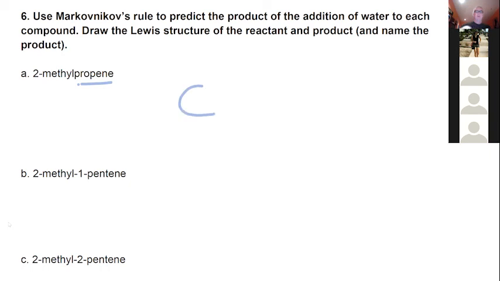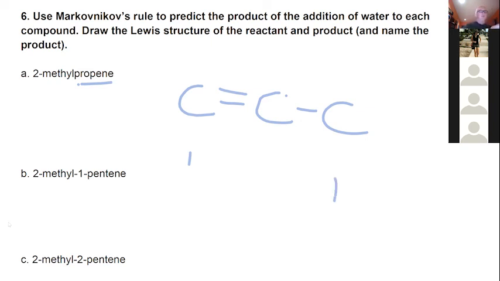So I go 1, 2, 3. And it's a propene. So what does that mean? Double bond on the first. Yeah, means I've got a double bond. It doesn't matter where I put it. If I put it there, that becomes carbon 1. And if I put it on the last carbon, that becomes carbon number 1.